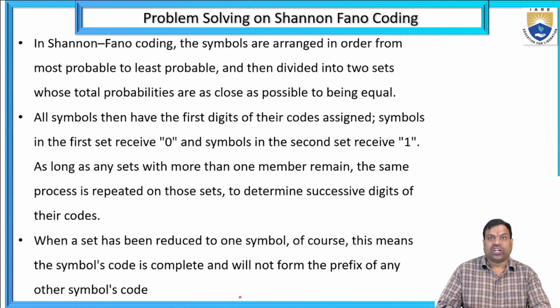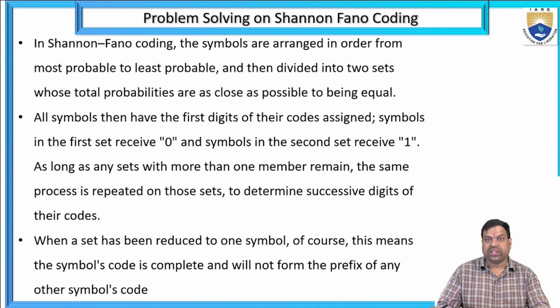In Shannon Fano coding, the symbols are arranged in order from most probable to least probable, and then divided into two sets whose total probabilities are as close as possible to being equal. All symbols then have the first digits of their codes assigned. Symbols in the first set receive 0 and symbols in the second set receive 1.